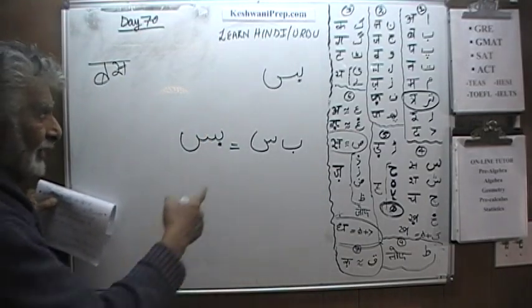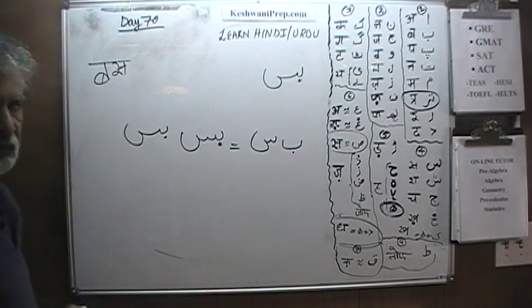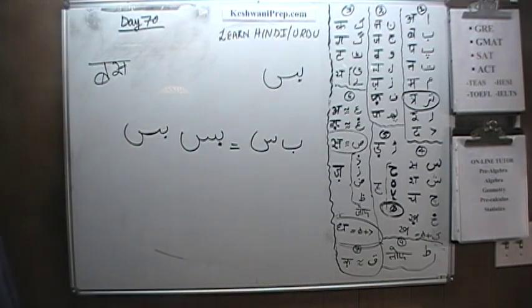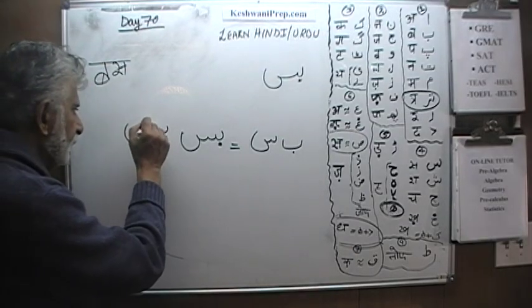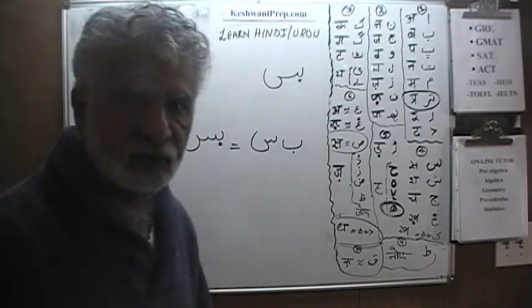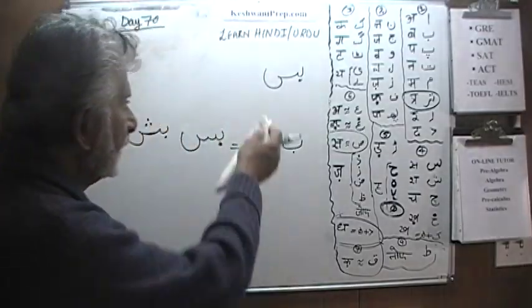Or if you're lazy, like I was, you just make a b and a one long loop, and the person will understand that whenever you see a long loop, it's supposed to represent s or sh. Had it been sh, it would have had three dots on it. That would have been sh. And the person would understand with a long loop that it's either s or sh, because nobody wants to make two loops. They just make one long loop. That's what that is.